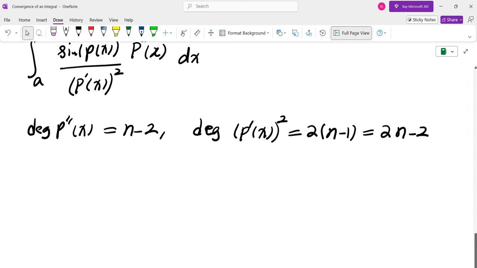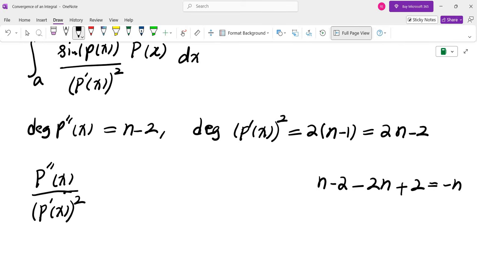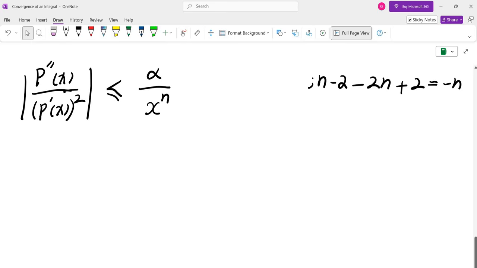So if we look at the fraction of p double prime of x over p prime of x squared, the degree of this would be n minus 2 minus 2n plus 2, which is negative n. In other words, we can say this is less than or equal to some constant over x to the power of n. So now we are going to replace the integrand with this quantity.